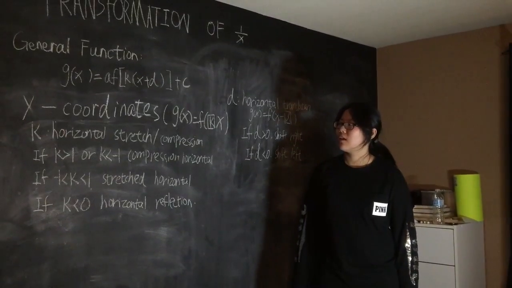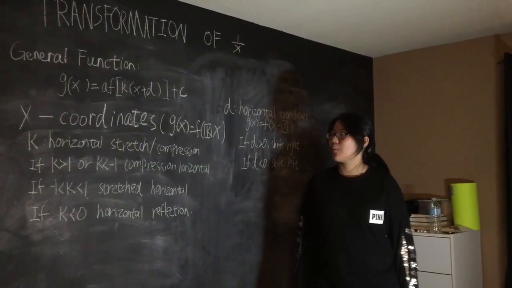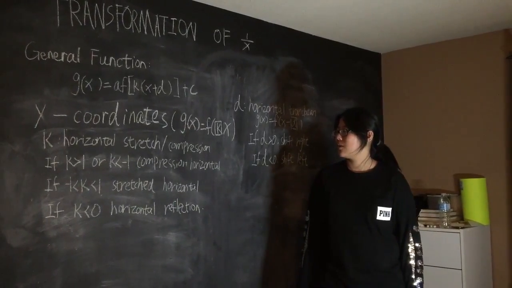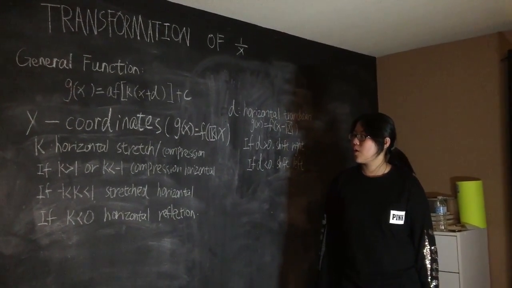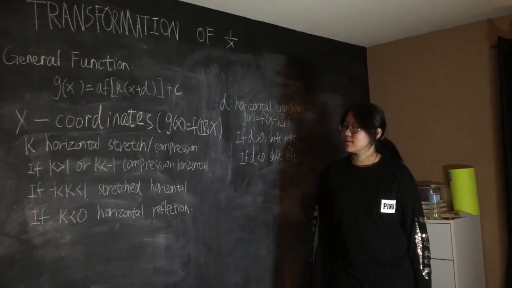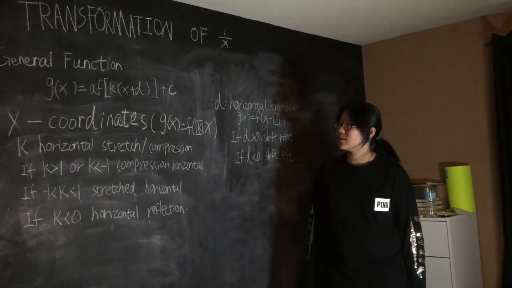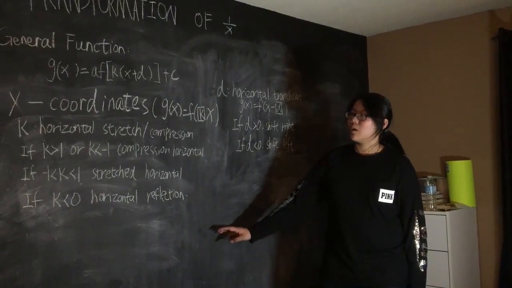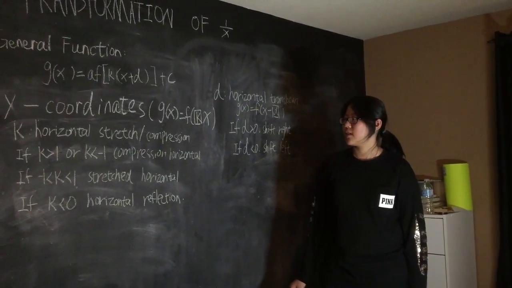If K is between negative 1 and 1, it means stretched horizontally by a factor of 1/K. If K is smaller than 0, it means a horizontal reflection. It also means a reflection in the y-axis.